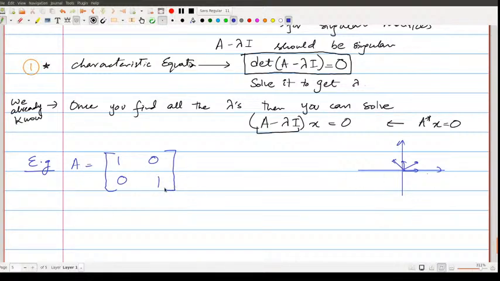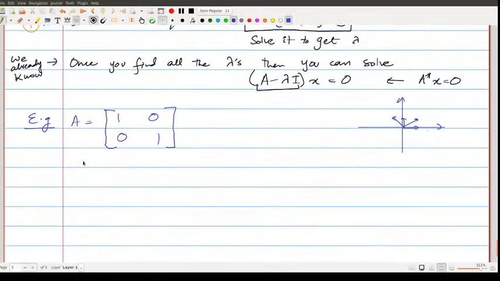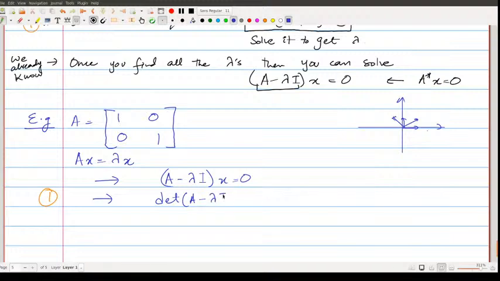But let's see what we get when we try to solve Ax equals lambda x. So I know that I need to solve A minus lambda I x equals 0, which means the first thing that I need to do is solve the equation: the determinant of A minus lambda I is equal to 0.